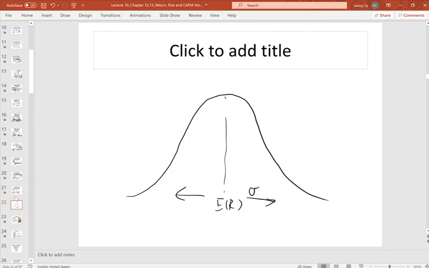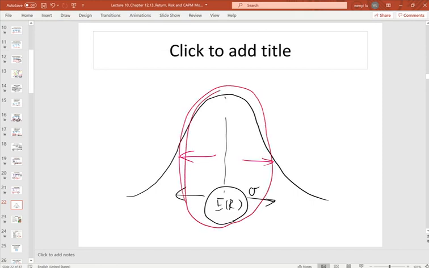That means the variation around the expected return. Your potential return can deviate from the average, and can go either to the upside or to the downside. So this shows the variability.